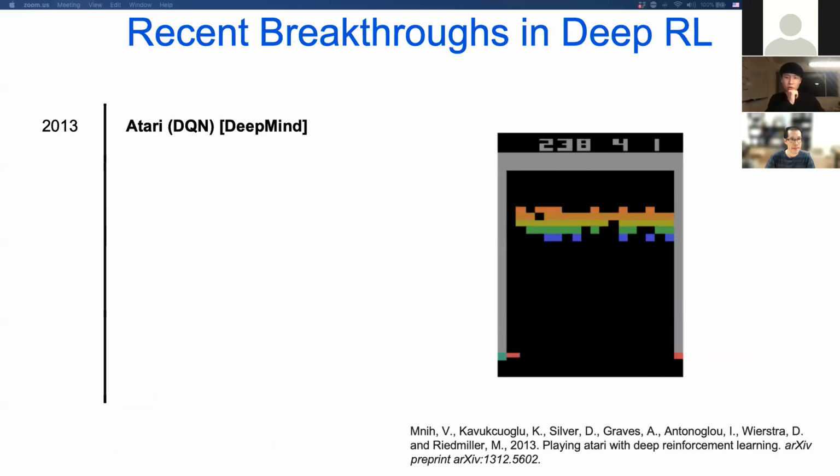And by incorporating deep neural networks as the policy or dynamics model, deep reinforcement learning has been successful in a diverse number of domains. For example, in 2013, DeepMind achieved human-level performance on Atari games by modeling the Q function as a deep neural network.